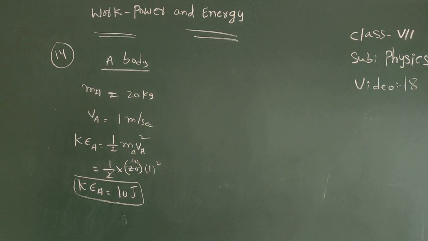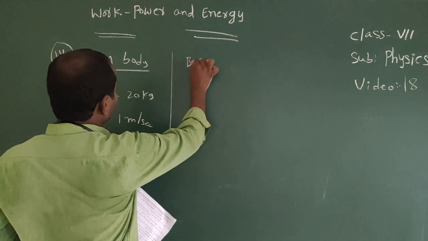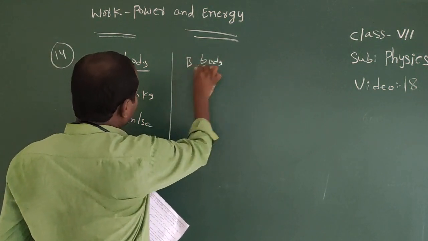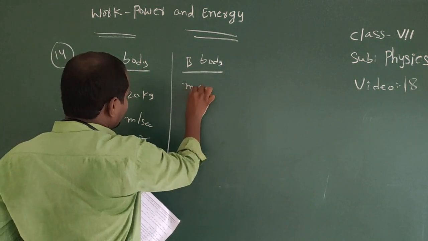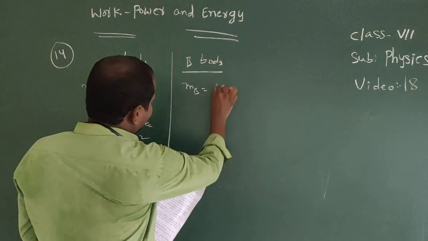Next, B body. B body of mass equal to how much? 1 kg.